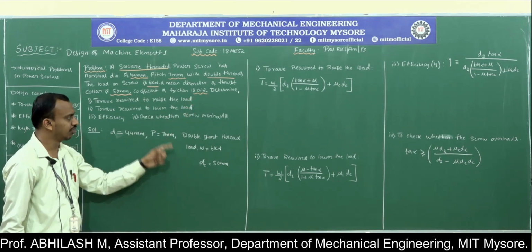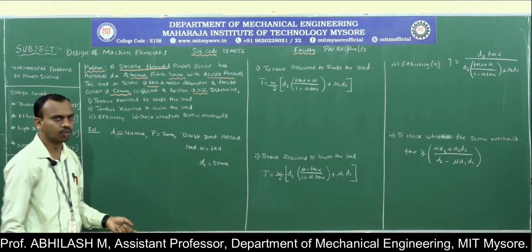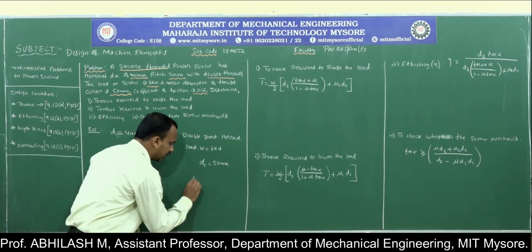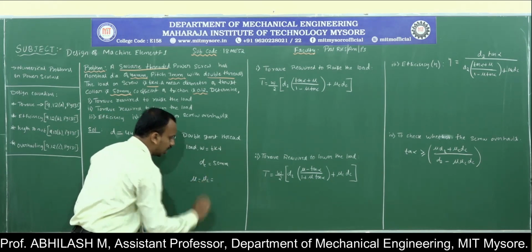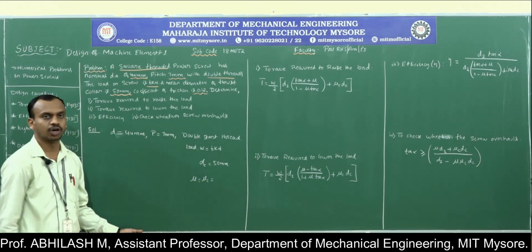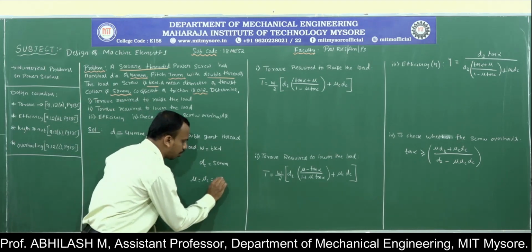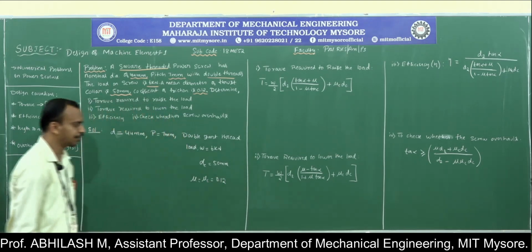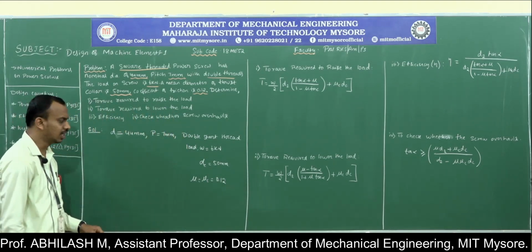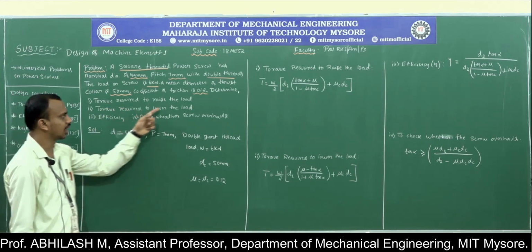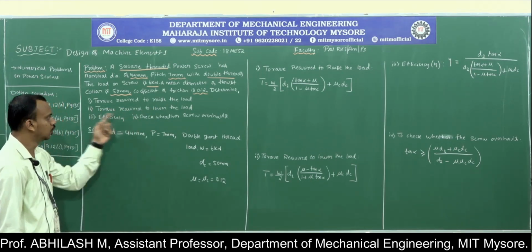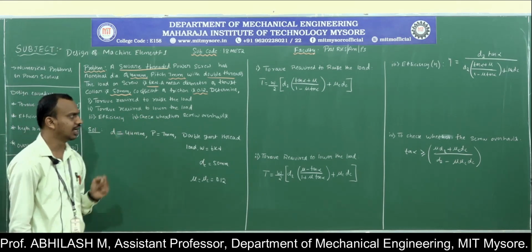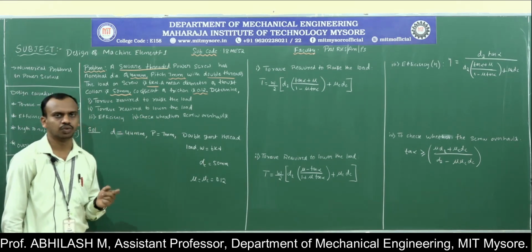They have not specified whether it is with respect to the screw or the collar. So we will assume that both the collar as well as the screw have a coefficient of friction of 0.12 itself. We are supposed to determine the torque required to raise the load, to lower the load, the efficiency, and check whether the screw is overhauling.